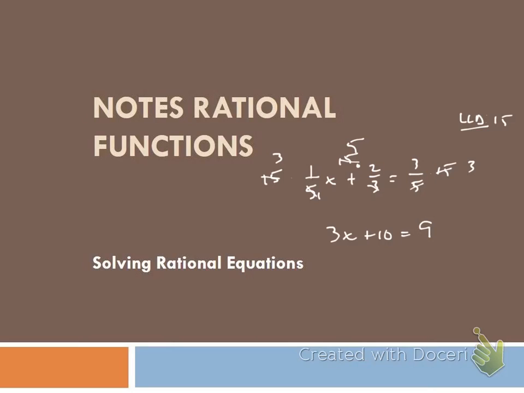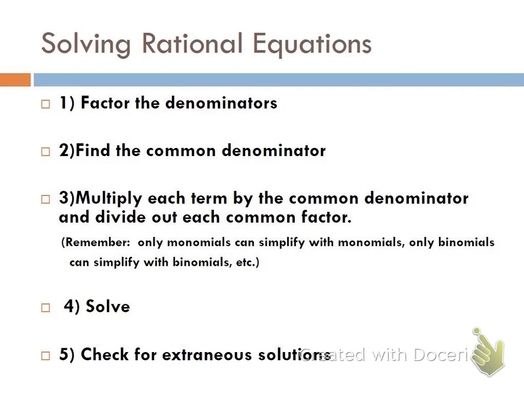Well, it's going to be the same thing here. We're going to find a least common denominator and multiply everything by the least common denominator, dividing out our common factors, and therefore that should eliminate our fractions, and we should be good to just go ahead and solve whatever equation's left, right? That's the idea.